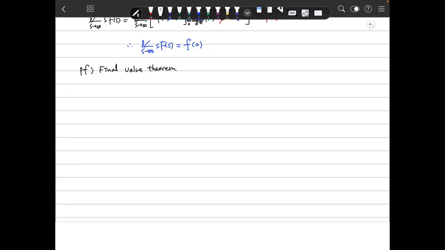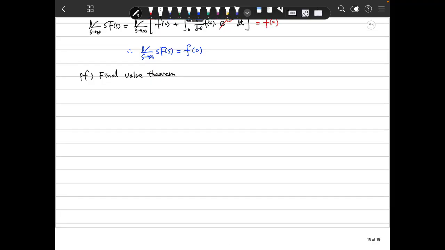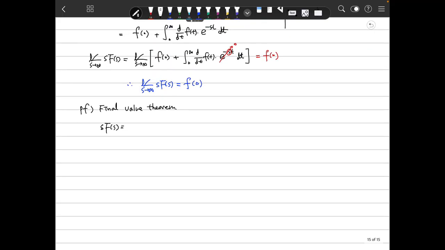We can use very similar things. Final value theorem. From the previous proof, sF(s) was f(0) plus the integral from 0 to infinity of d/dt f(t) e^(-st) dt.